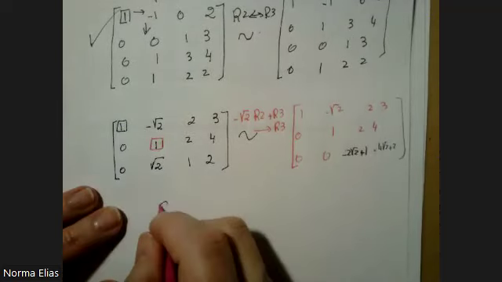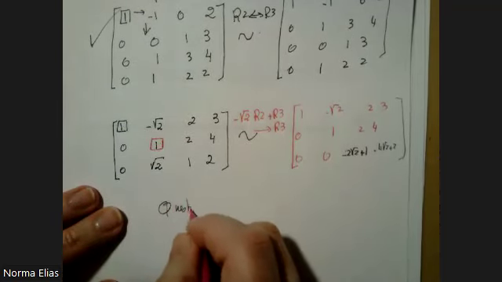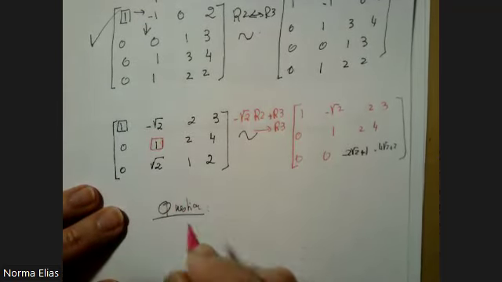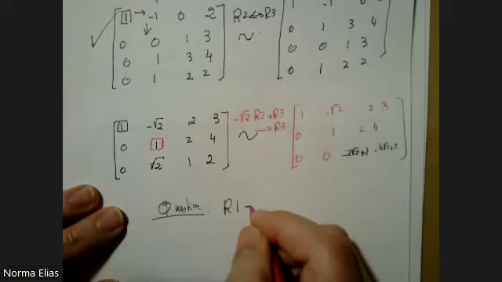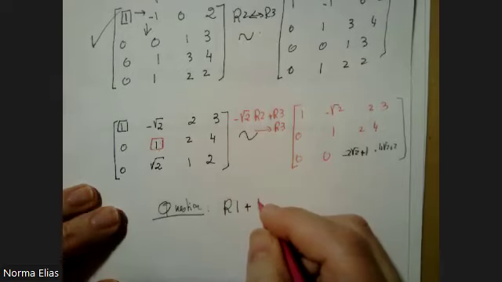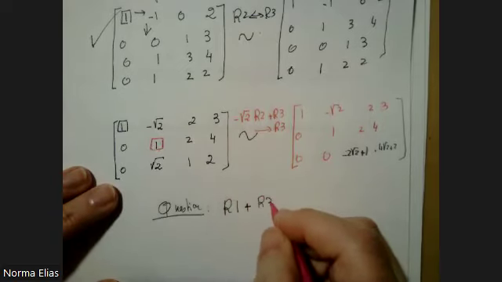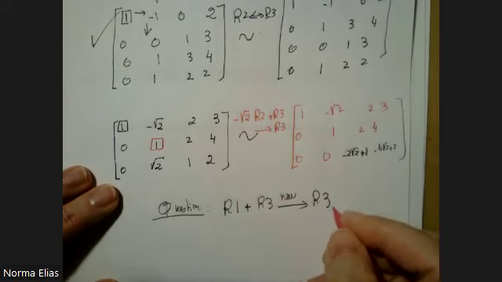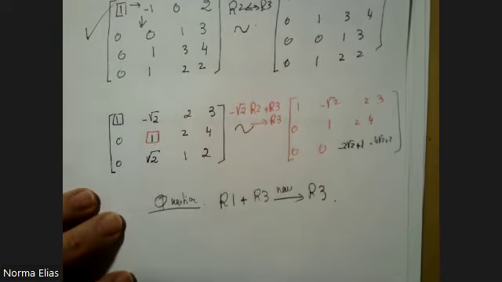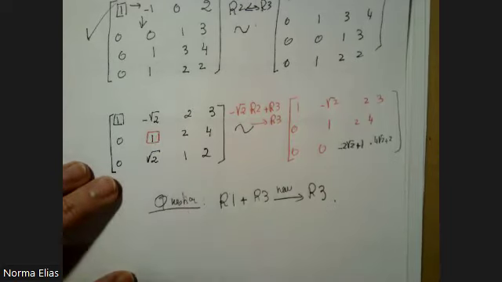So question, very simple question, but I don't want this mistake to be done. Will this operation be correct? Is this operation correct? I mean, make it 0 here.